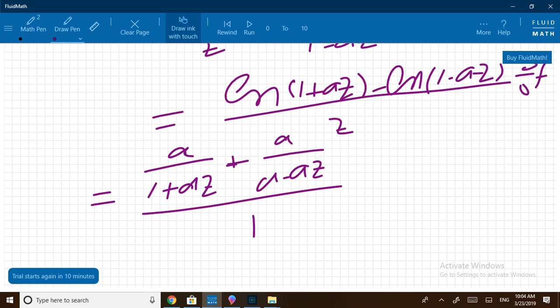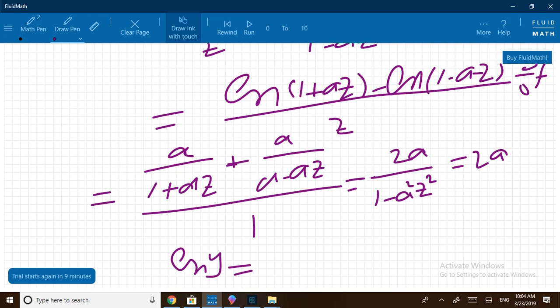Which is equal to 2a, and after simplifying this is equal to 2a over 1 minus a square z square. So when we put the limit z approaches 0, we get 2a. Okay, and natural log of y is equal to 2a.